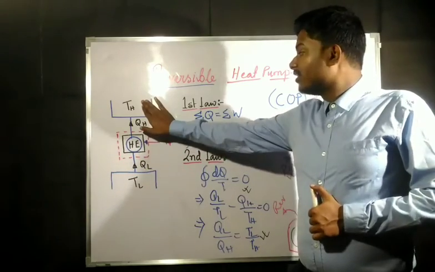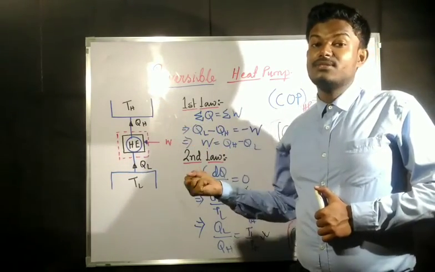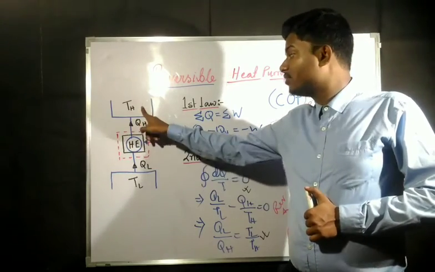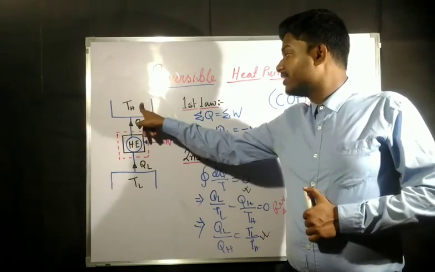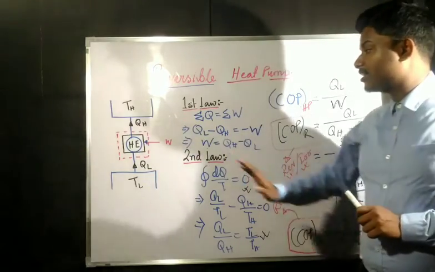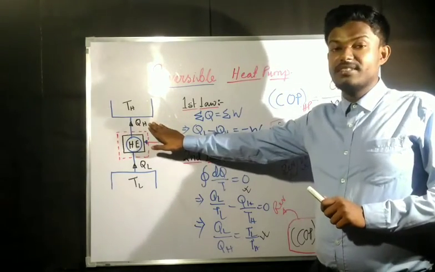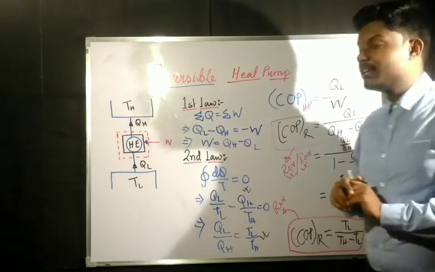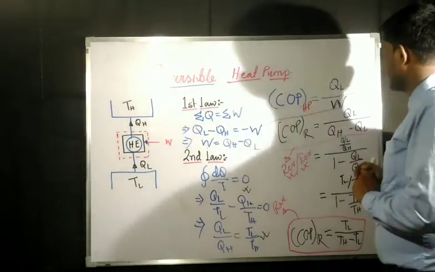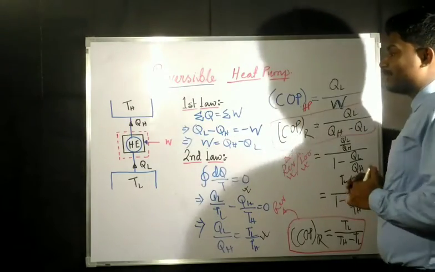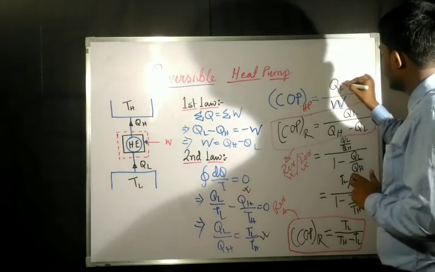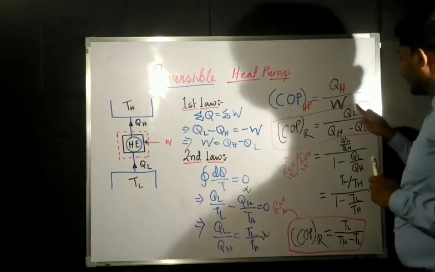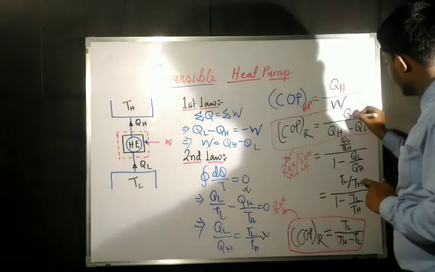Now our concern is how much energy, how much heat, we need to give to the space so that the temperature is maintained higher than the atmospheric temperature. Our desired effect is QH. So the desired effect will become QH, and similarly here it will become QH.